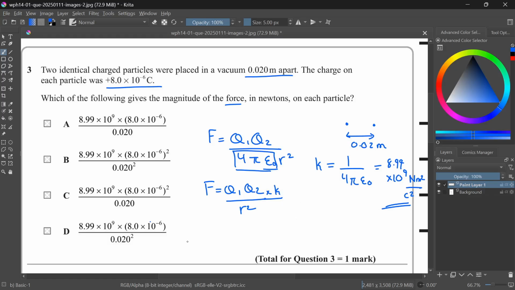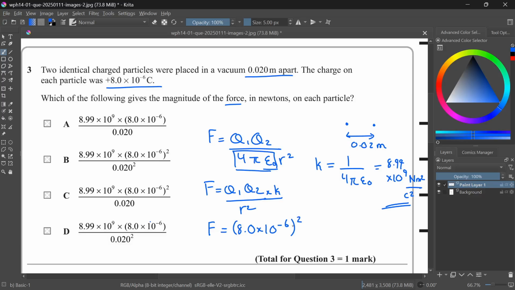Now we will input the values, which will be F is equal to Q1, the charged particle value, which is 8.0 times 10 raised to power minus 6. You can write it again as well, or you can write the square of it, it's up to you.